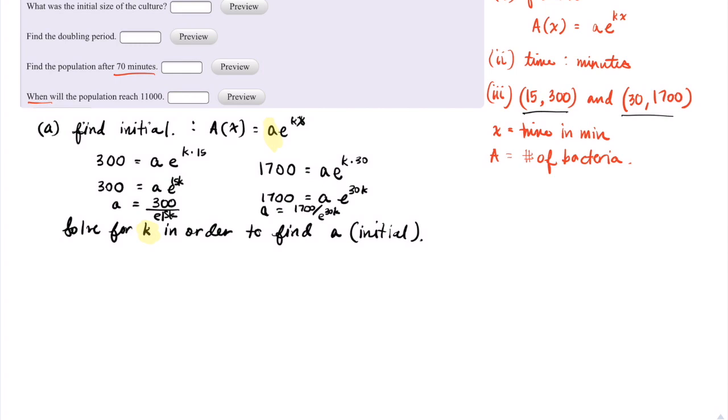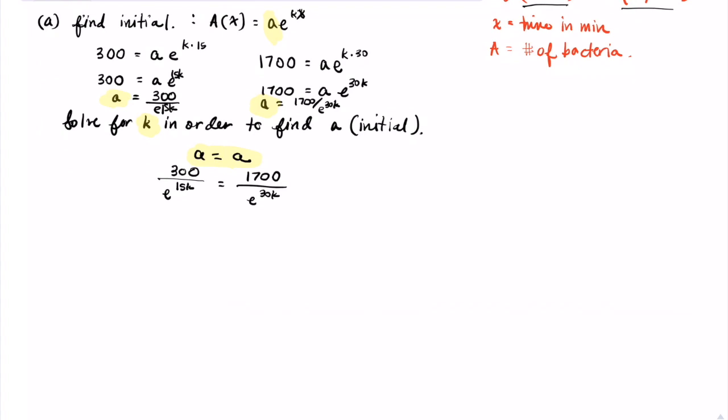Then I could solve for k by putting a equal to a, meaning 300 over e to the 15k is equal to 1700 over e to the 30k.